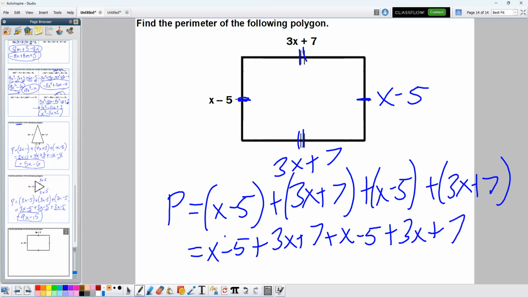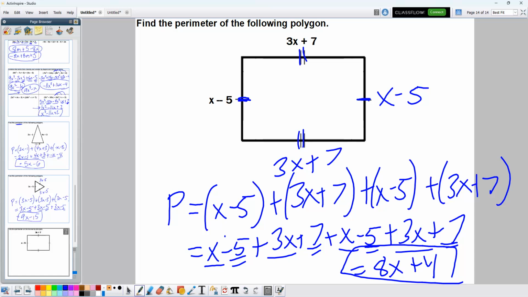And then I'm going to combine my like terms. X plus 3x plus x plus 3x, that would be 8x. And then negative 5 plus 7, negative 5 plus 7 would be plus 4. Your perimeter for that rectangle is 8x plus 4.